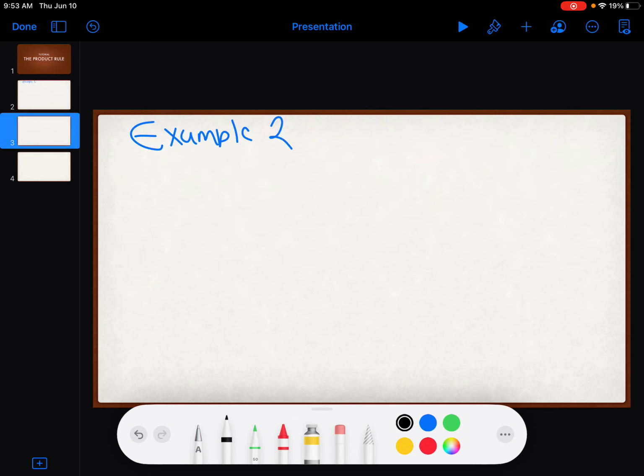So let's go into our second example. Example 2 says we got some function.